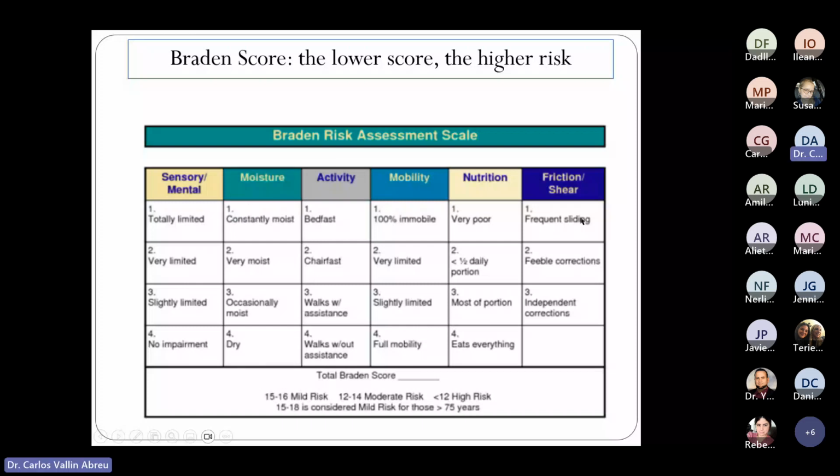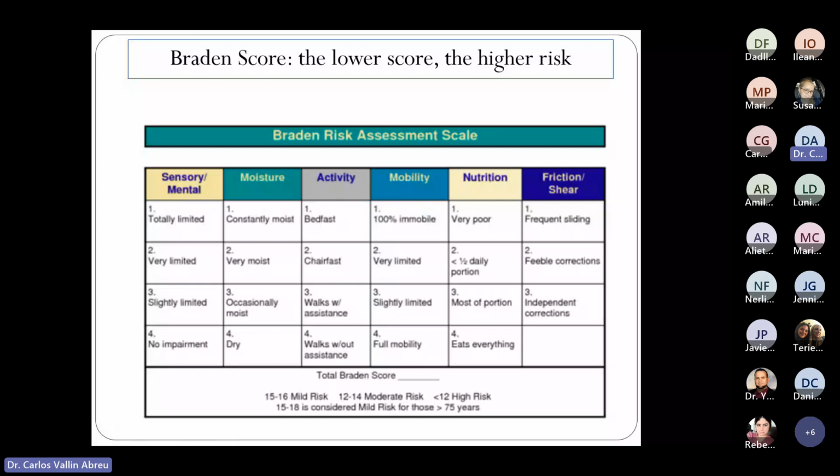And maybe because the client has this risk, the insurance approves a mattress that is continuously moving. You understand? So it could be an air mattress, a fluidized surface mattress, or a water mattress, whatever.